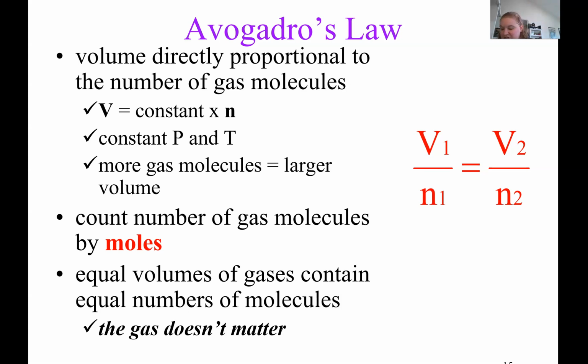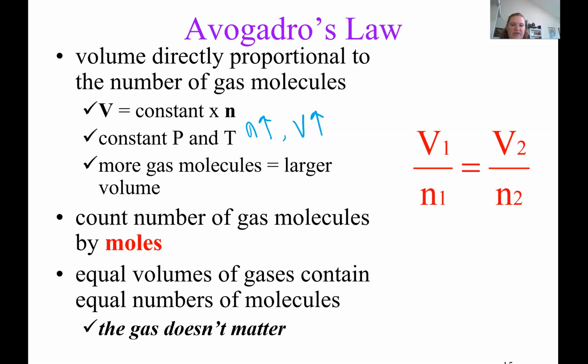And our relationship here is that if the number of moles goes up, then the volume will also go up. So if you put more gas into a container, the volume will increase if the pressure and the temperature are constant. And so we have our equation there, V1 over N1 equals V2 over N2.